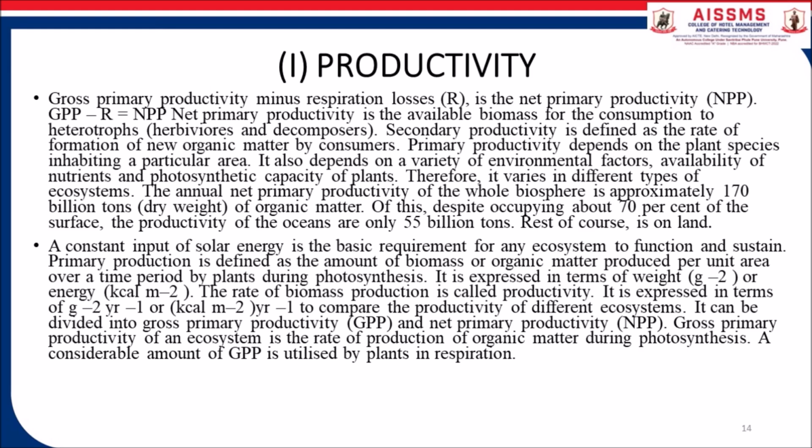A considerable amount of GPP is utilized by the plants in the respiration process. Gross primary productivity minus respiration losses is the net primary productivity. GPP minus R is equal to NPP, that is net primary productivity. It is the available biomass for the consumption of the heterotrophs.